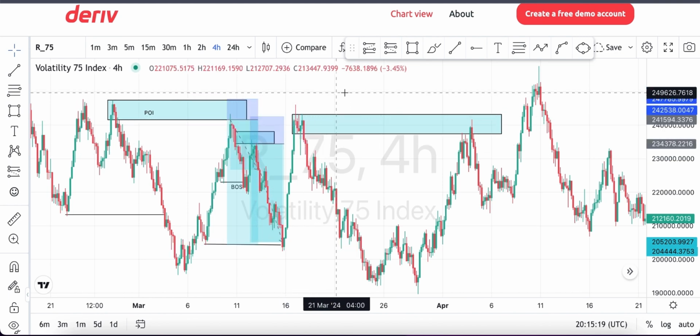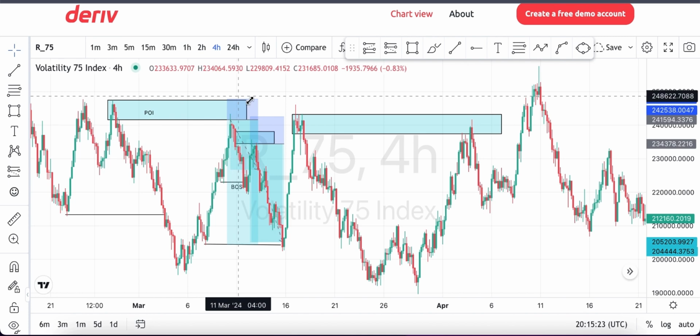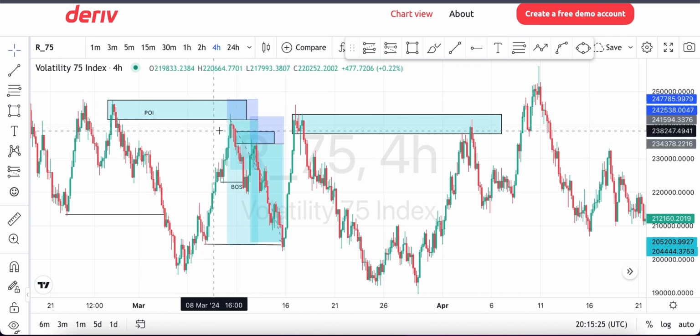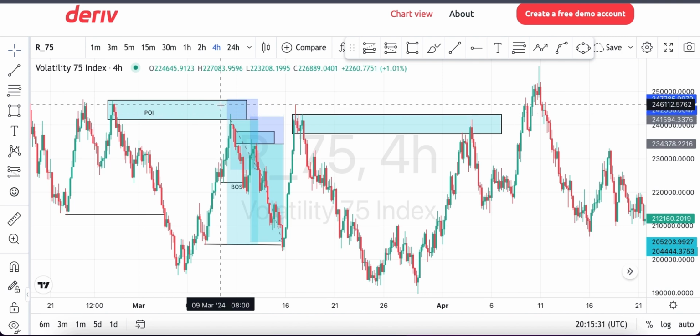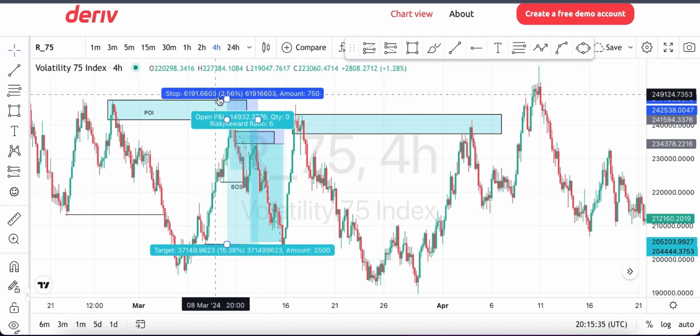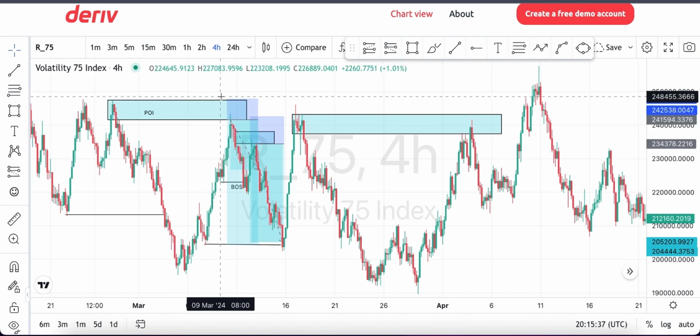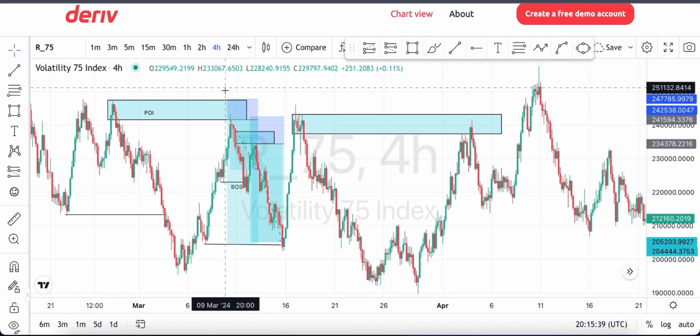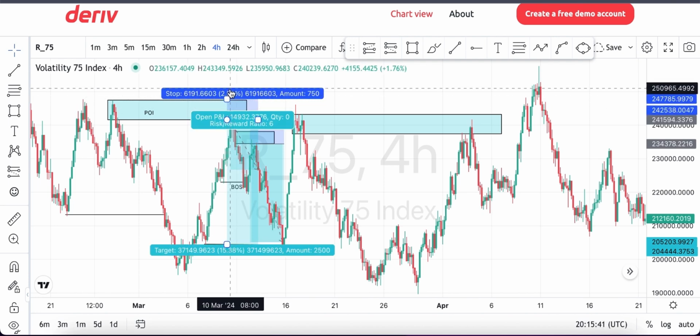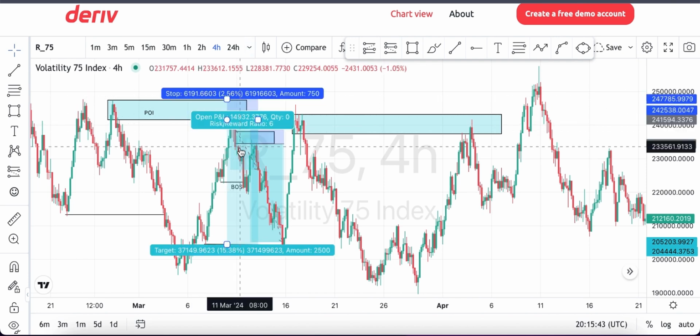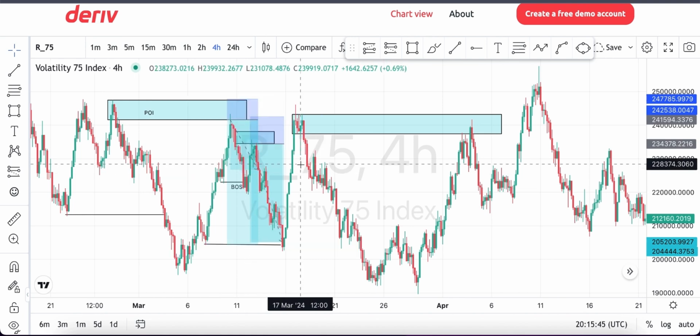But selling instantly from here, like I stated earlier, is kind of risky, because what if as price gets to this POI here, it actually moves up and clears me out of my stop loss? It hit my stop loss, and then it can choose to continue going up or reverse downward.